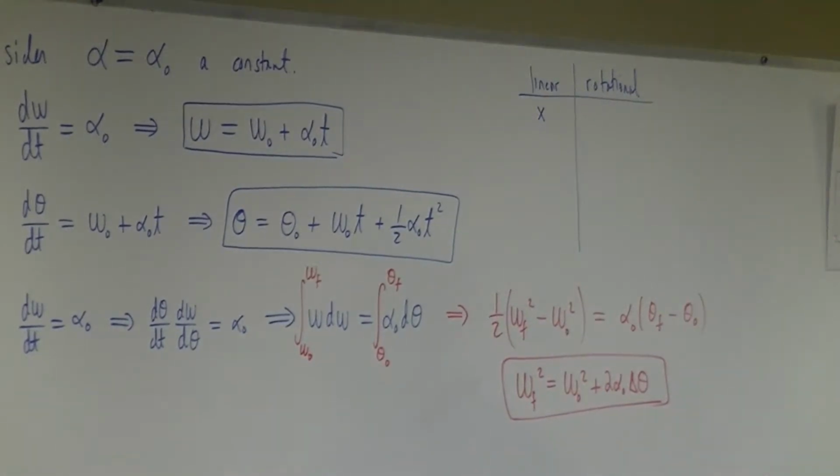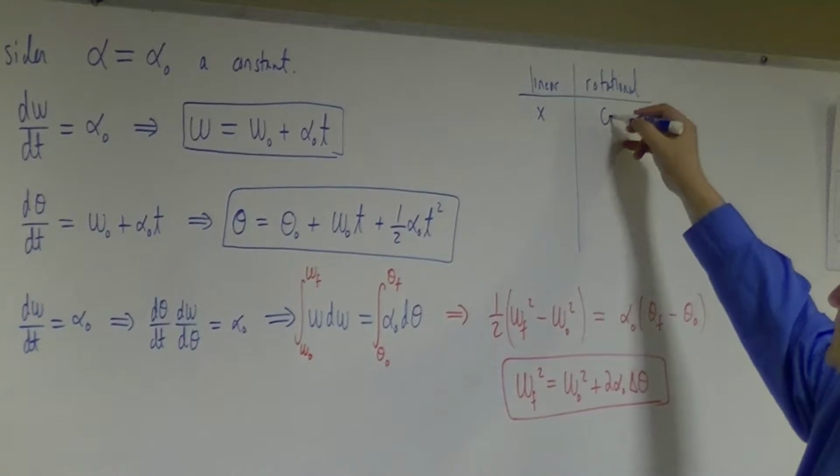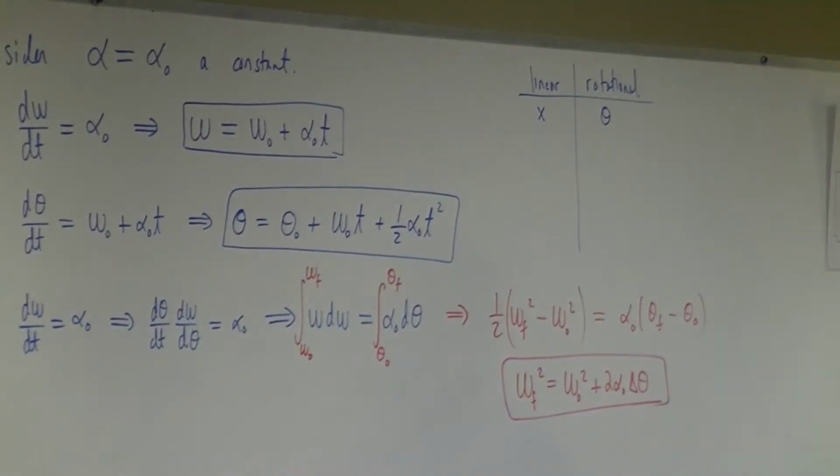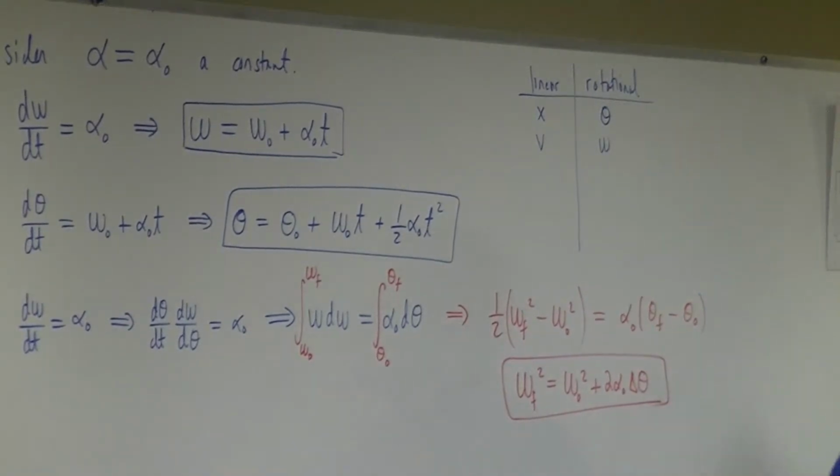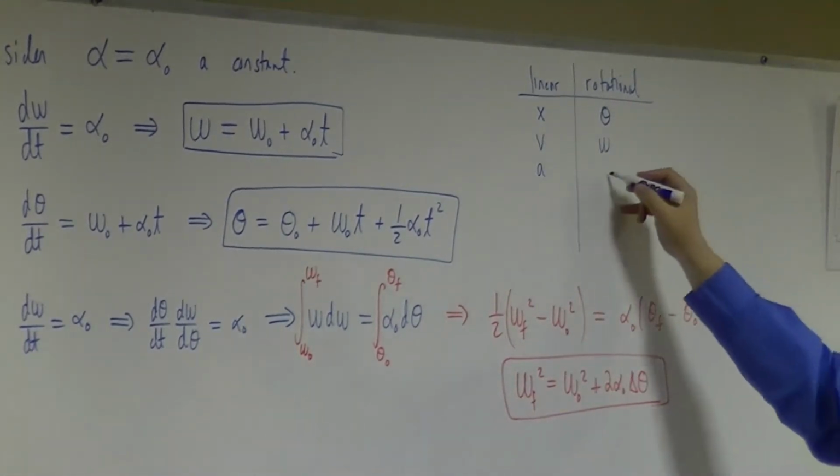In the rotational world, by analogy, we have theta, the position as an angle in radians. Then we had speed, or velocity v, which of course was dx dt. Over here, we've got omega. In the linear world, we had acceleration. In the rotational world, we have angular acceleration.